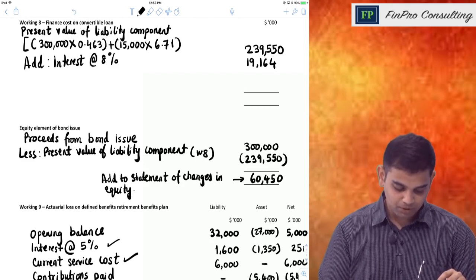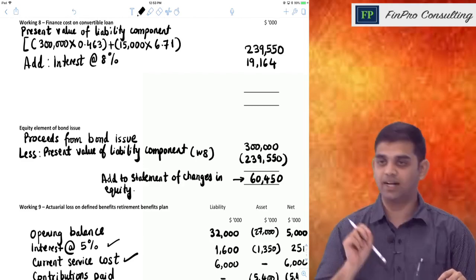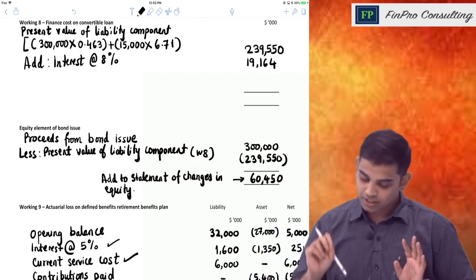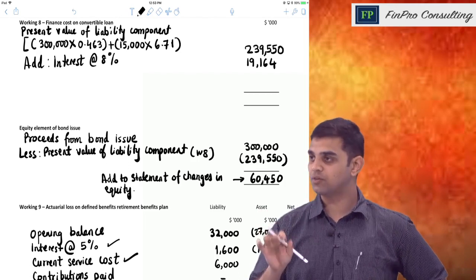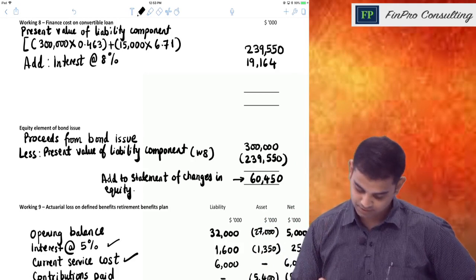On 30th September 14, Alpha recognized interest paid on that date as finance cost. That means they have recognized 15,000 as a finance cost. They should have recognized 19,164. So the differential we have to additionally recognize.